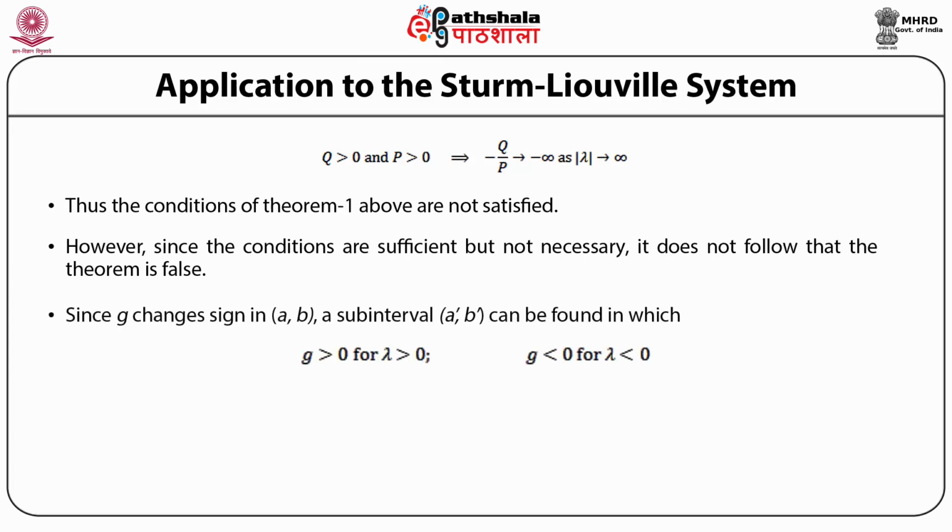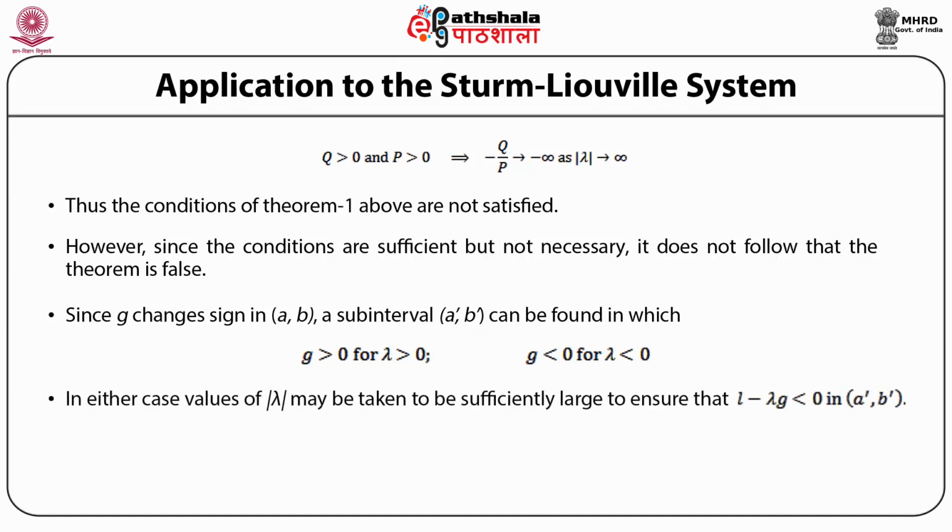Since G changes sign in a to b, a subinterval a prime b prime can be found in which G is greater than 0 for lambda greater than 0 or G is less than 0 for lambda less than 0. In either case, values of modulus of lambda may be taken to be sufficiently large to ensure that L minus lambda G is less than 0 in the interval a prime b prime.